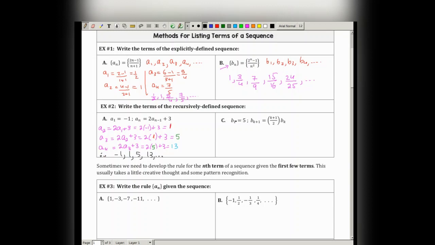Okay, so look at this one. This is b sub 1 equals 5. So b sub k plus 1, meaning b sub 2, is k plus 1 over 2 times b sub k.